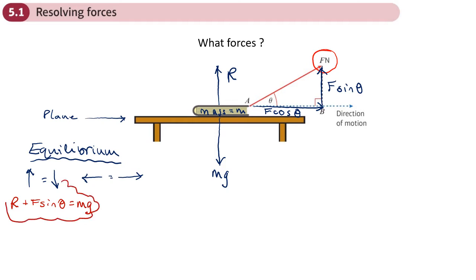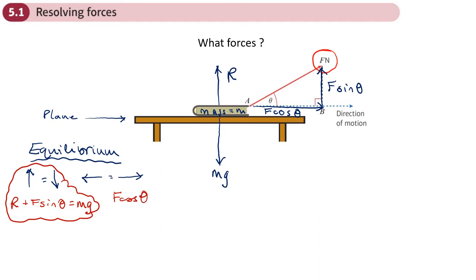Now if we look at the forces parallel to the plane, that is the forces that are going left and right. If this was in equilibrium, those would be balanced. And so that would give you just F cos theta there, and you see there is no force going in the other direction.